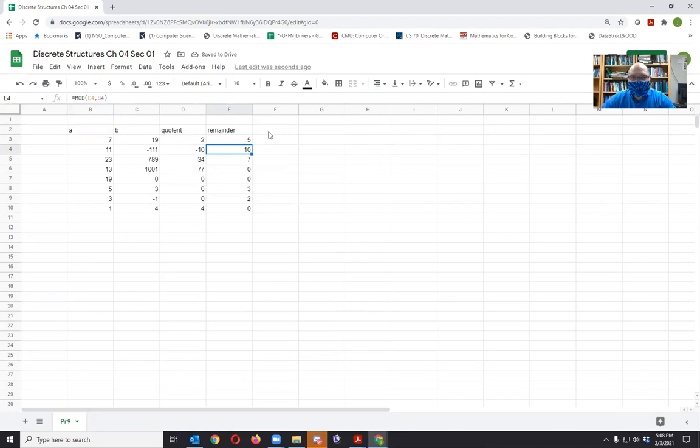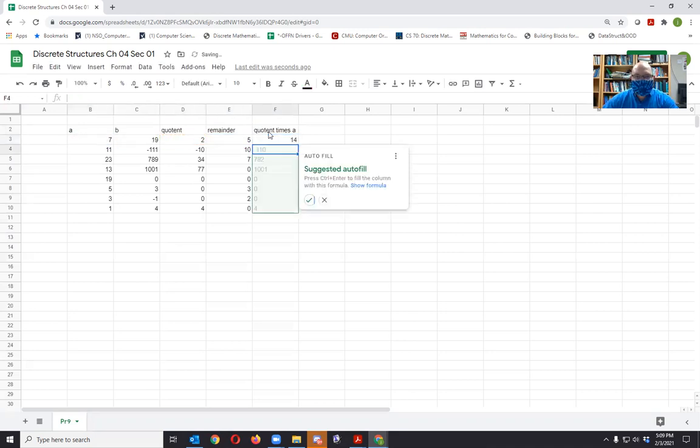Okay, so I'm not that smart, right? I have no good name for this, so I'm just going to say this is equal to quotient times this. Now this I can make sense of. When you take negative 10 times 11, you get negative 110.